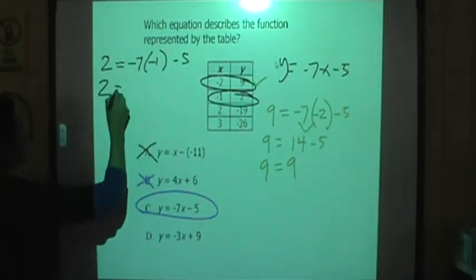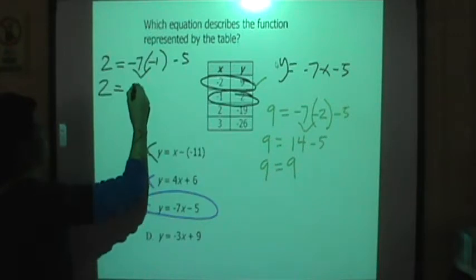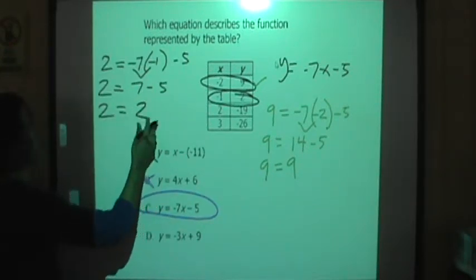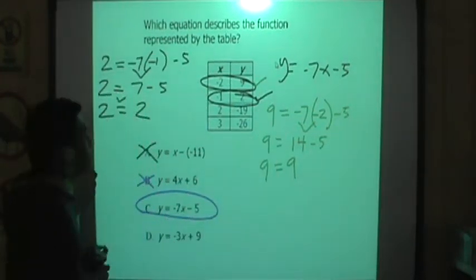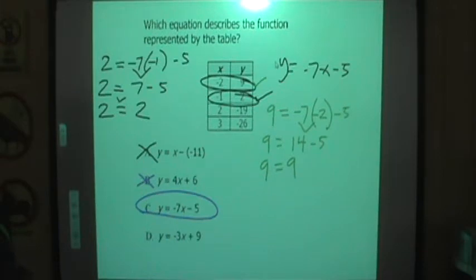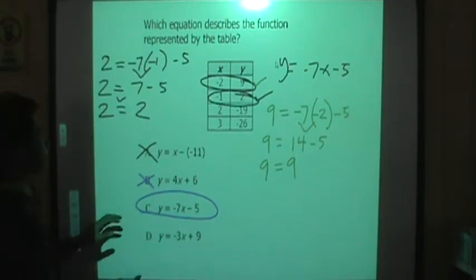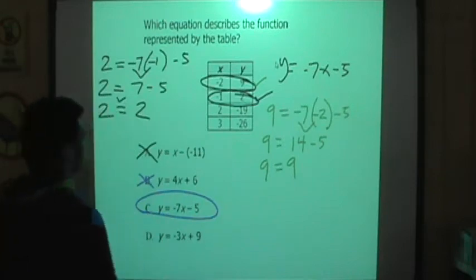Now using the formula, negative times negative is positive 7 minus 5, and now we have 2 equals 2. Because the equation is equal, then we can say that y equals -7x minus 5 is the equation that represents this table. So the answer will be C.